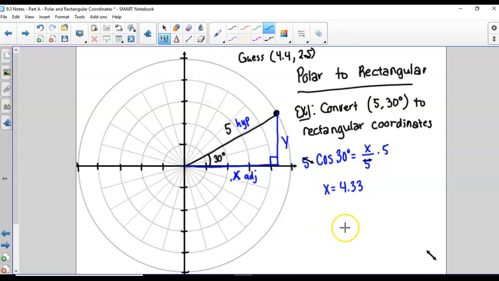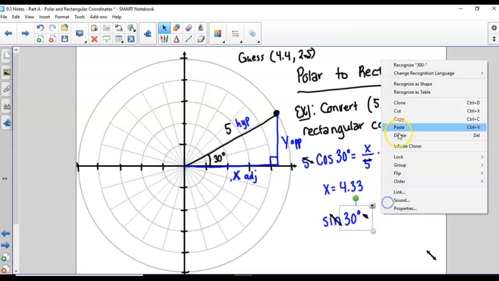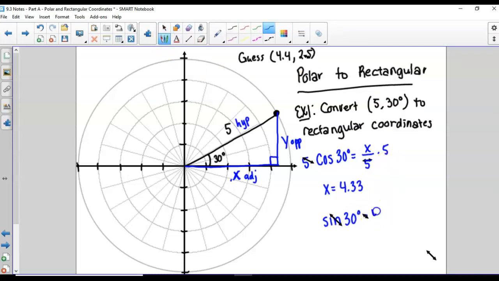And so that's our x coordinate. For our y coordinate, this is the opposite side, so we're going to have opposite and hypotenuse. So sine of 30 degrees would be y over 5.